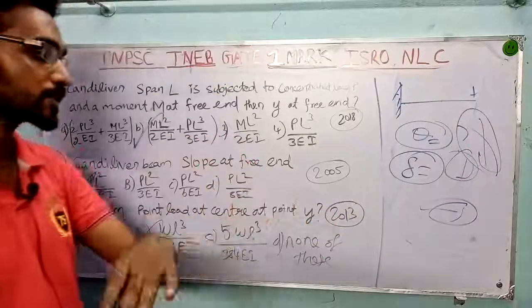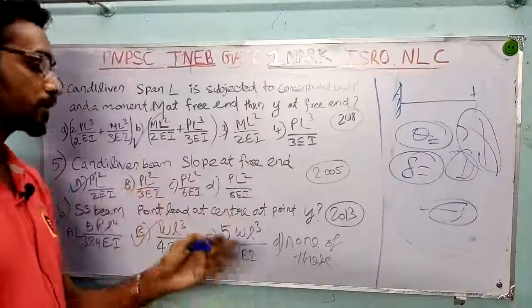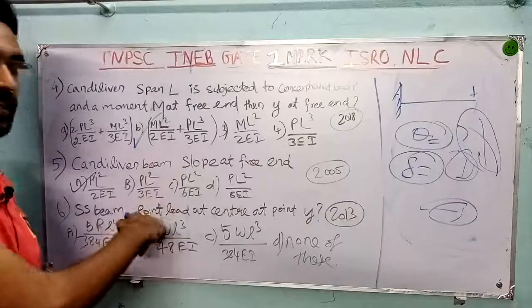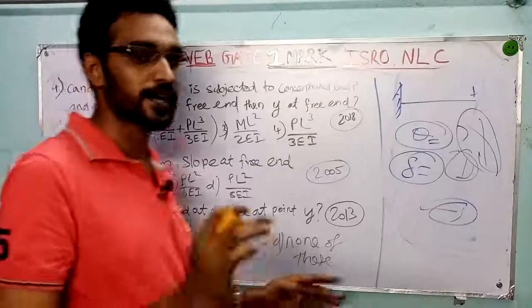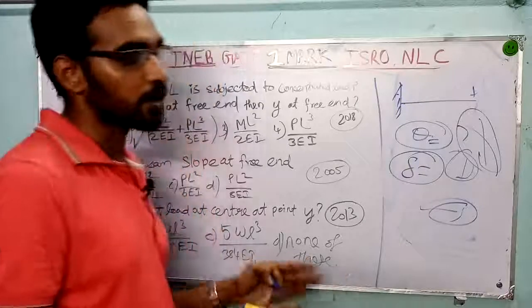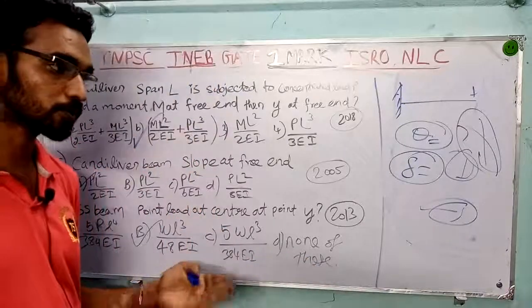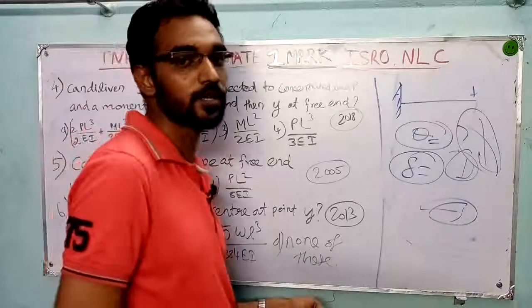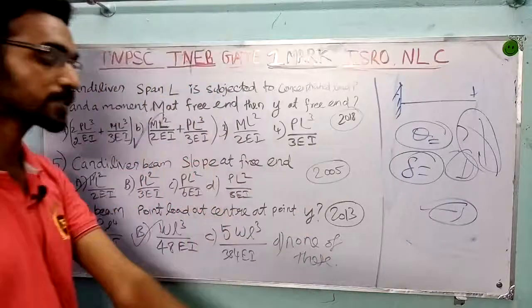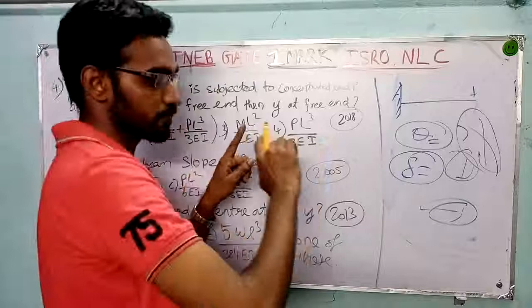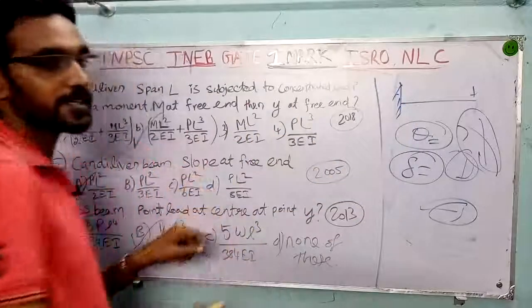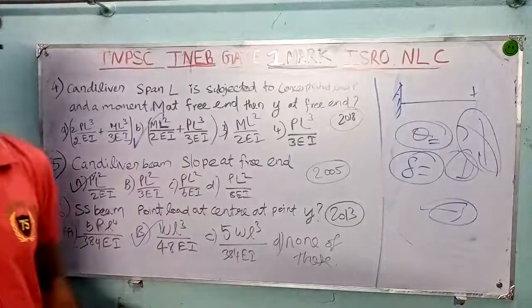Just memorize the same formula and directly give the answer. That much toughness only Anna University will ask. Don't go up to GATE level. It is Anna University standard, so memorizing the standard table is enough.